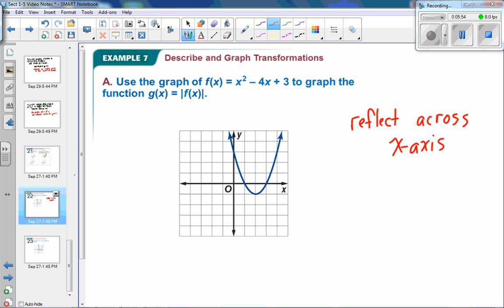Now remember, it's only the negative portion. So this part is going to remain the same. So we'll still have that. This portion that was below the axis, now I want to get a fairly accurate sketch. So this point right here is going to reflect to here, and we end up with a graph that looks like this.